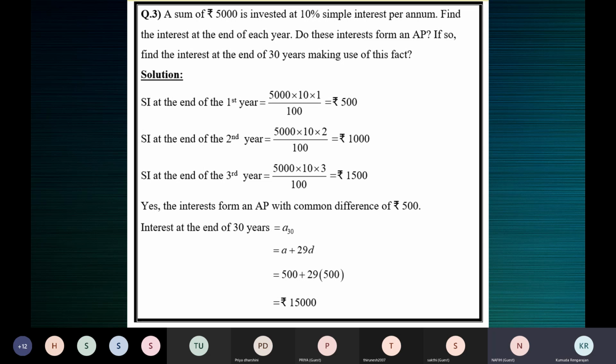When we use this formula and take time as 30, you're already getting the interest for all the 30 years. So when we use a simple interest formula, there's only A1, A2, A3, and so on. S2, S3, S4 do not make any sense here.